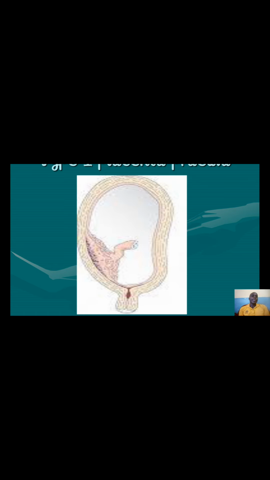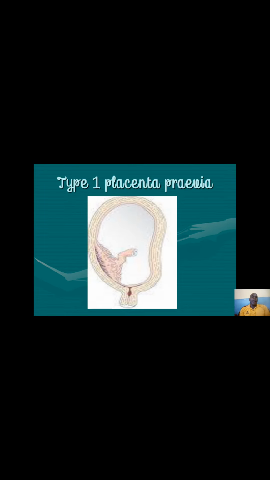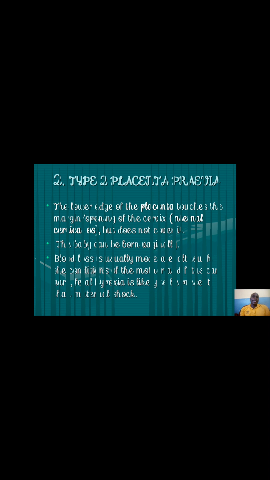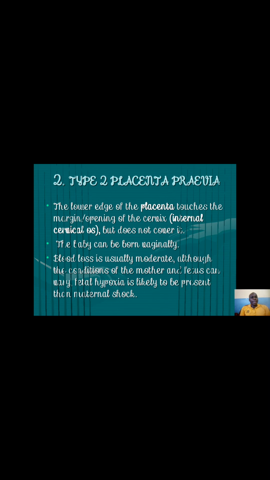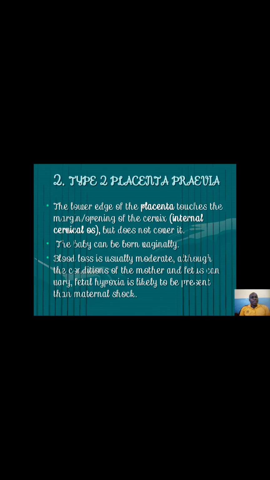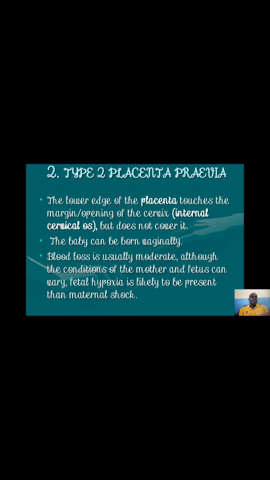But also kuna another type ambayo ni type 2 placenta previa au marginalis, kwamba the lower edge of the placenta touches the margin or the opening of the cervix or internal os, but it does not cover it. Kwamba placenta margin ina attach the openings of the cervix, lakini haikave the internal os.